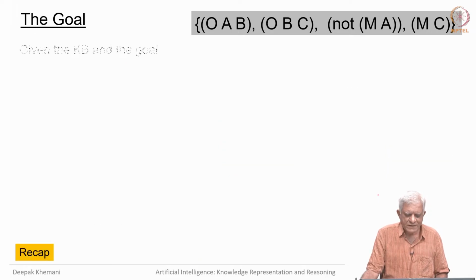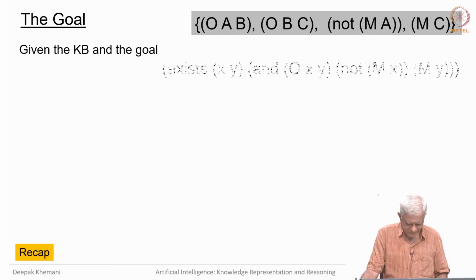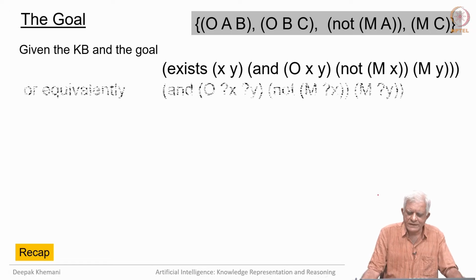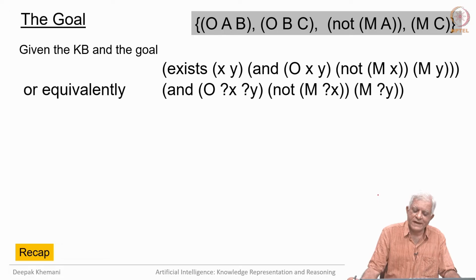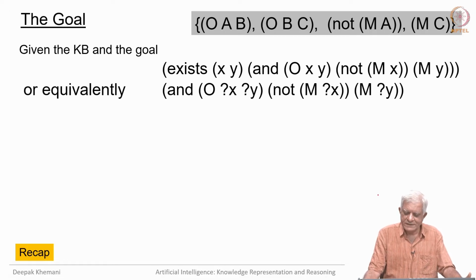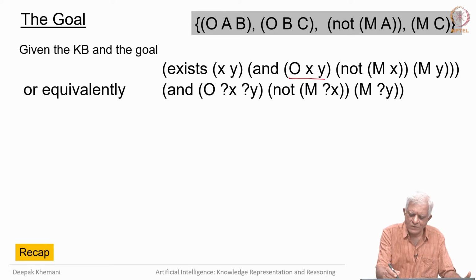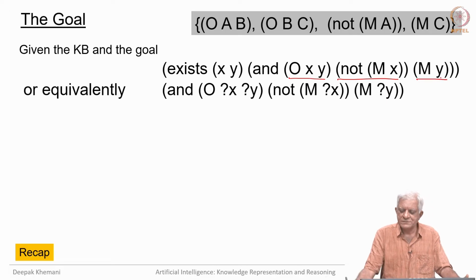The question we had was whether there exist 2 elements out of A, B and C, because our domain has only 3 elements. So, there exists an x and there exists a y such that O x y is true, not M x is true and M y is true.